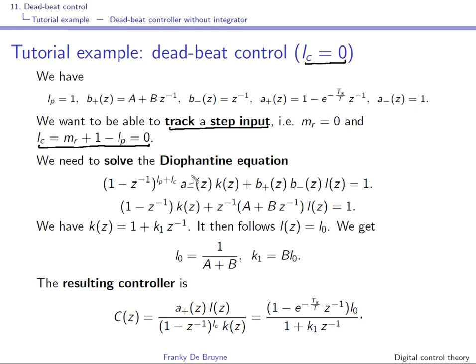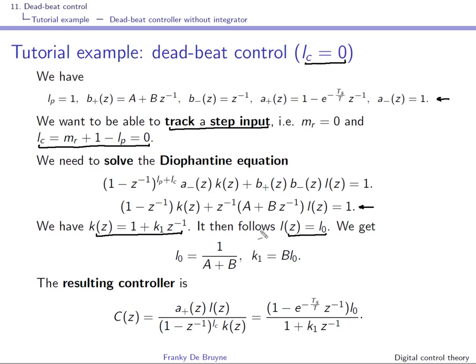So this is the Diophantine equation that we have to solve, and if we inject everything and LC is equal to 0, this is the Diophantine equation that we have to solve with a K that is given like this and an L that is given like this.